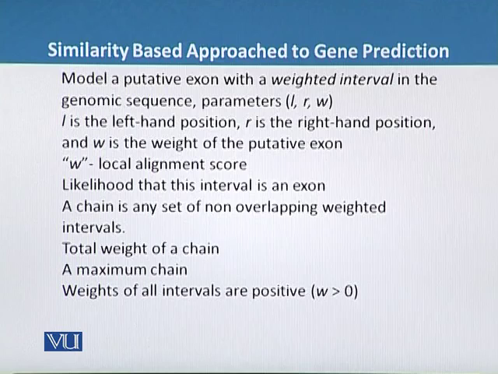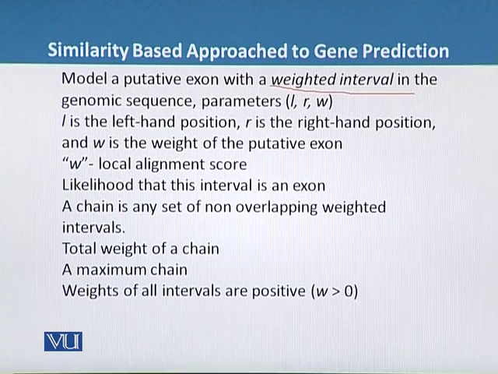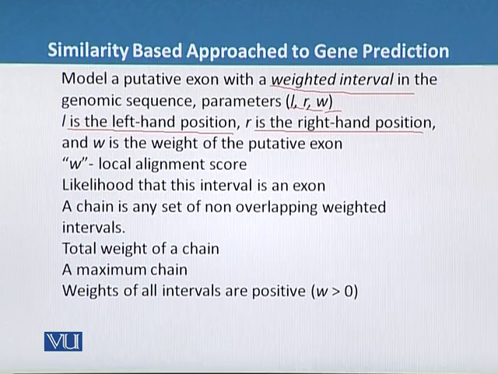So we can model a putative exon with a weighted interval in the genomic sequence, which is described by three parameters: L, R, W. Here L is the left-hand position, R is the right-hand position, and W is the weight of the putative exon, which we have identified by using the brute force approach.